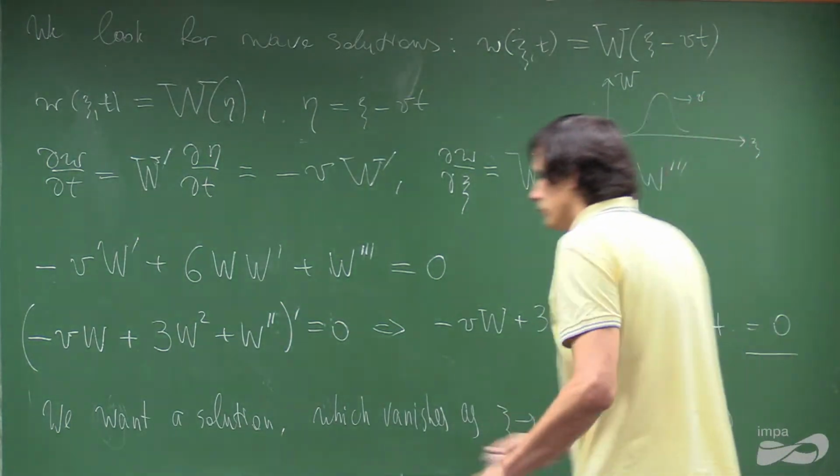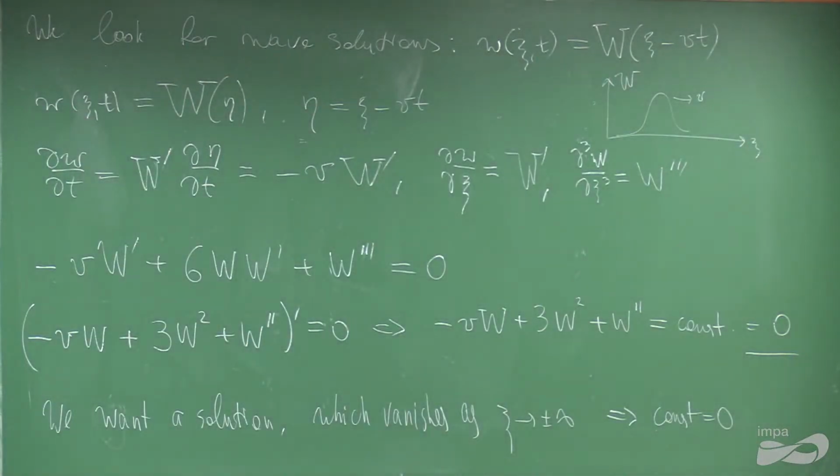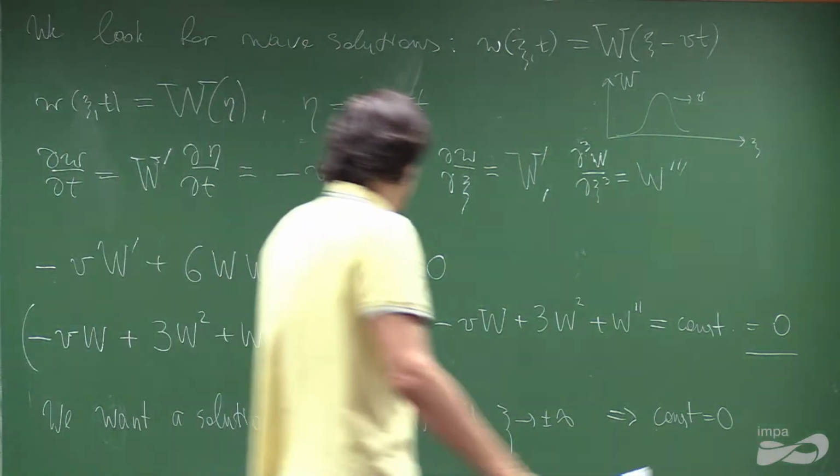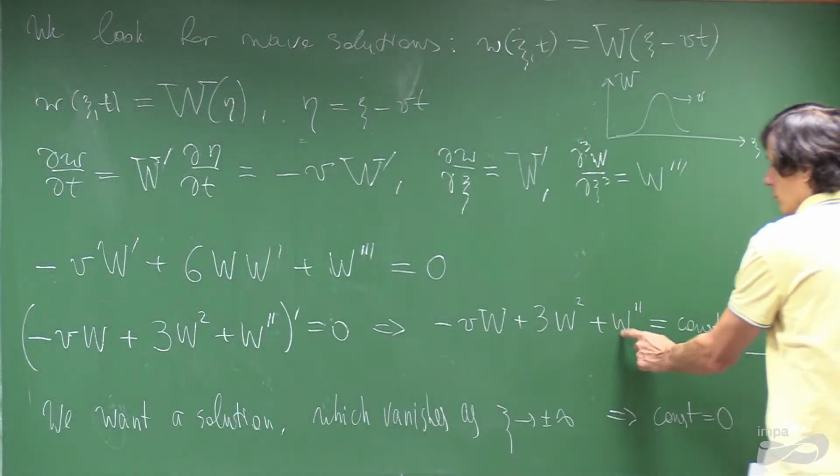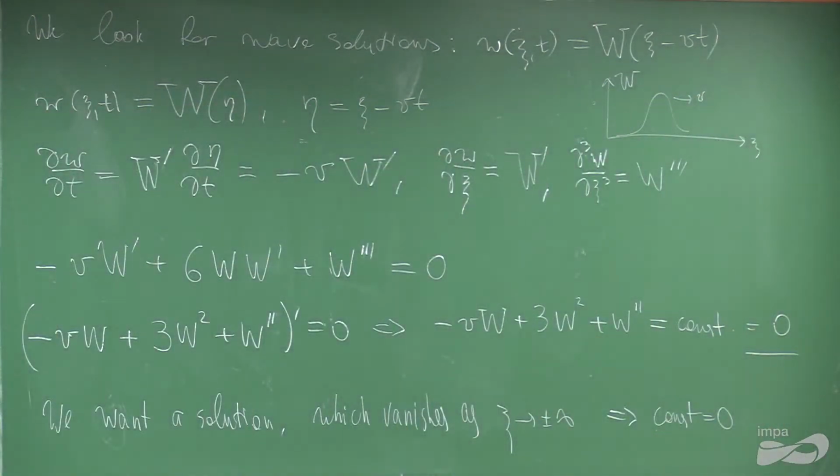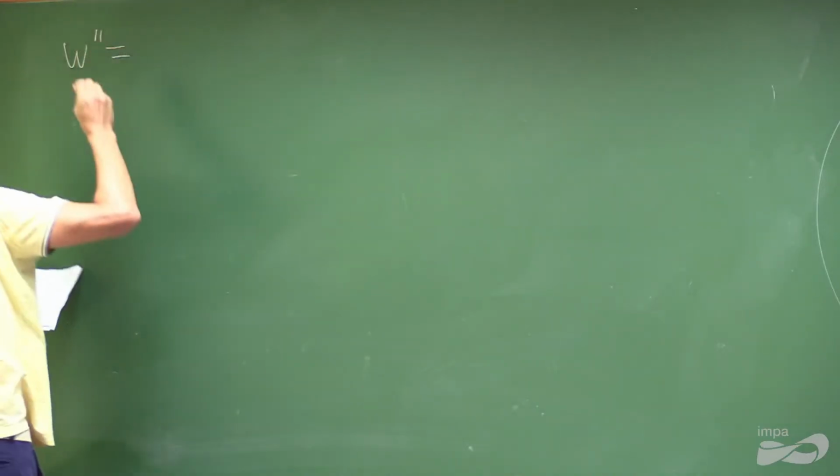So now we have a simple equation. So I have this equation that this term plus this term plus this term equals 0. So I will put the second derivative on the left, and the rest on the right.